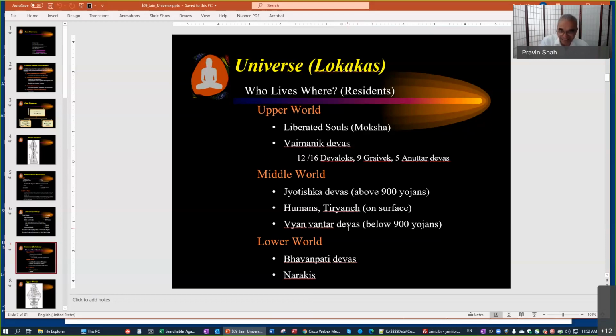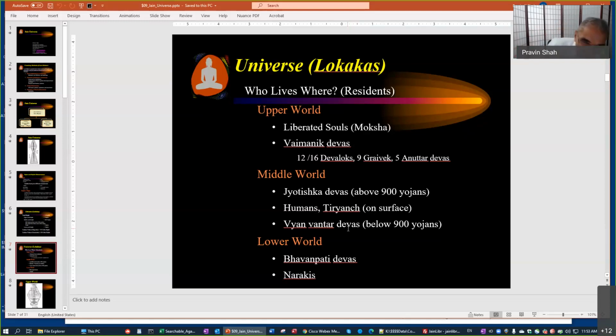Then the Jyotish Dev, which is nothing but the moon, the sun, the stars, the constellations, are better than Vyantar Devs. And ultimately, the Vaimanik Devs are the highest, and within the Vaimanik Devs, Anuttar is the highest.